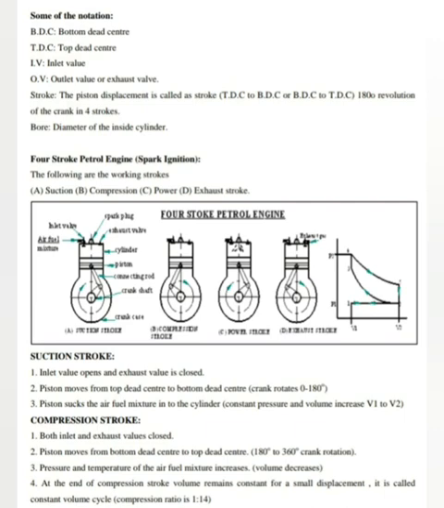Since combustion of the fuel takes place at constant volume, the four-stroke petrol engine is also called the constant volume cycle engine. With this stroke, the crankshaft rotates by another 180 degrees, or half a revolution. The energy required for this piston movement is taken from the battery or from cranking the engine.